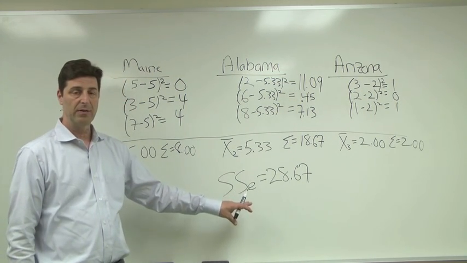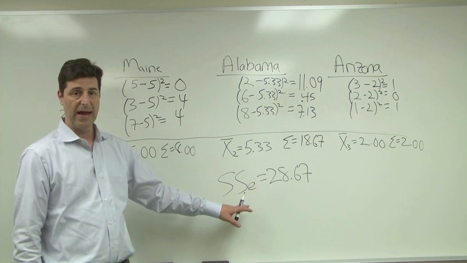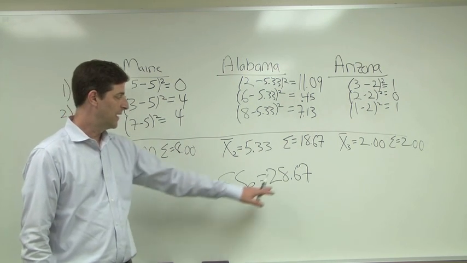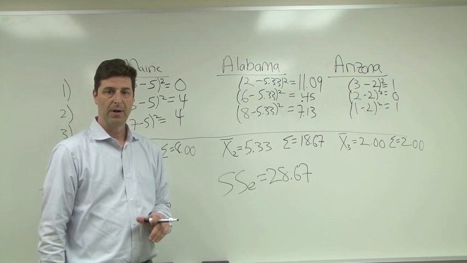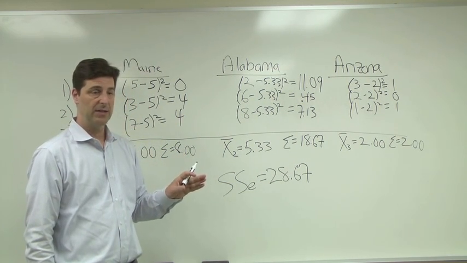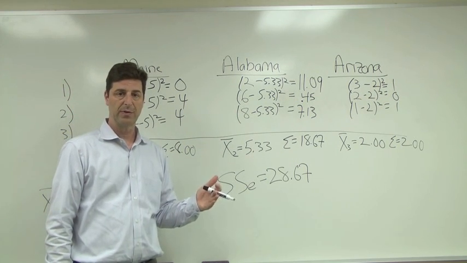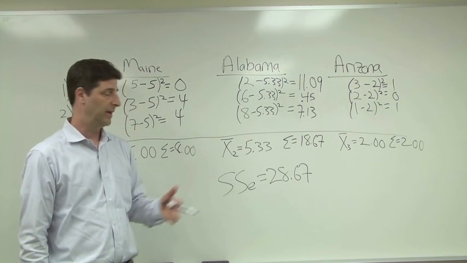Okay, so now that we have our SSE, we can convert that into an MSE, a mean square error, just by dividing this number by the total number of cases, which in this case is 9, minus the number of groups. There's 3 groups, 9 minus 3 is 6.